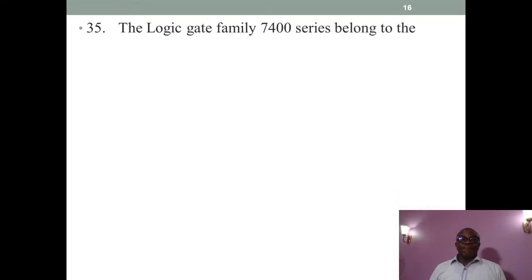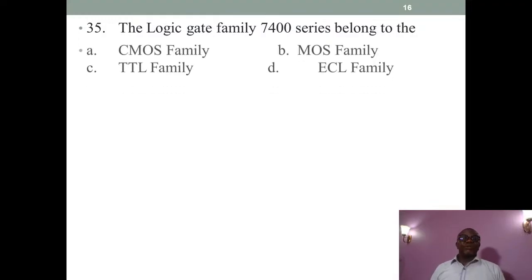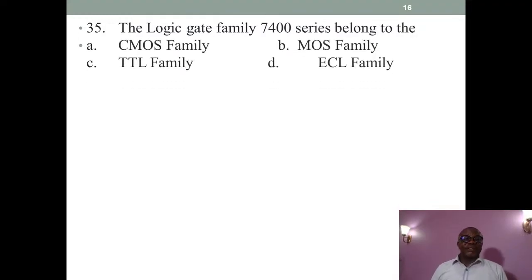So the logic gate family that has 74XX, the 7400 series, belongs to which logic family? Is it the CMOS family? Is it the MOS family? Is it the TTL? Is it the ECL family? CMOS stands for complementary metal oxide semiconductor family.